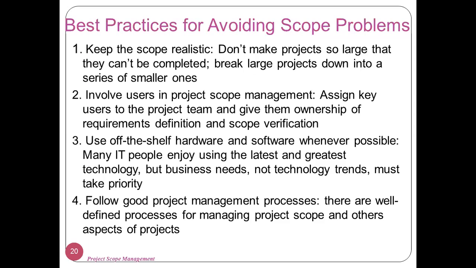The fourth best practice for avoiding scope problems is to follow a good project management process. What is a good project management process? There are well-defined processes for managing project scope and other aspects of a project.